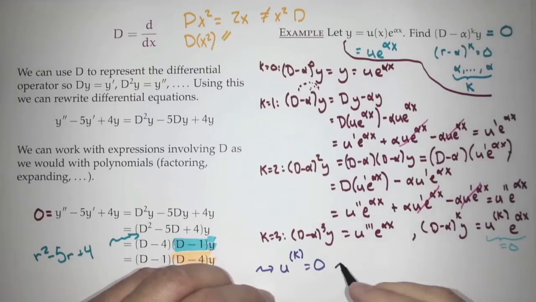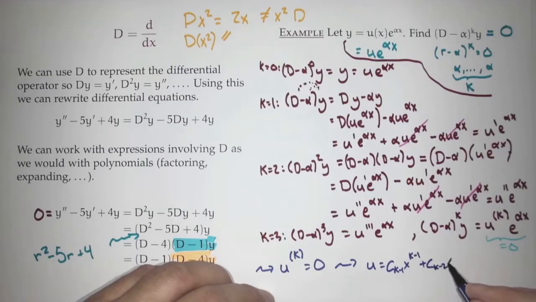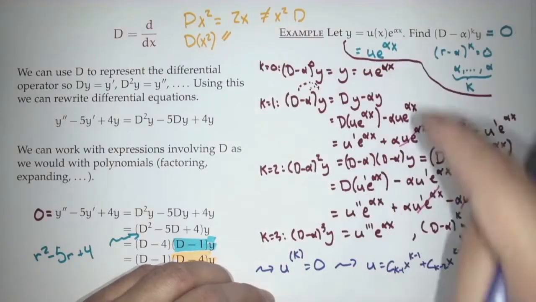So that tells us, oh, this function has the form some constant x to k minus 1 plus some constant x to k minus 2 all the way down to just a constant at the end. And we're after solutions. So our solutions look like this times e to the alpha x.